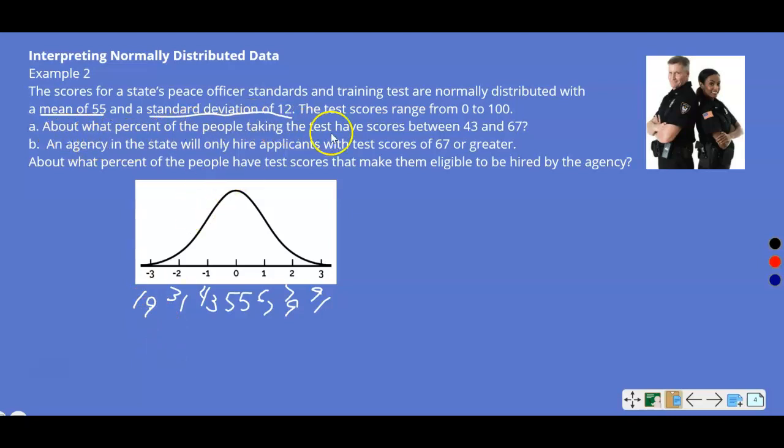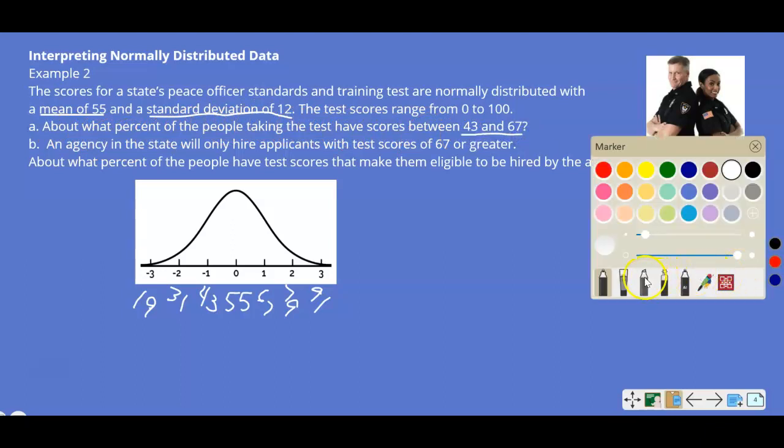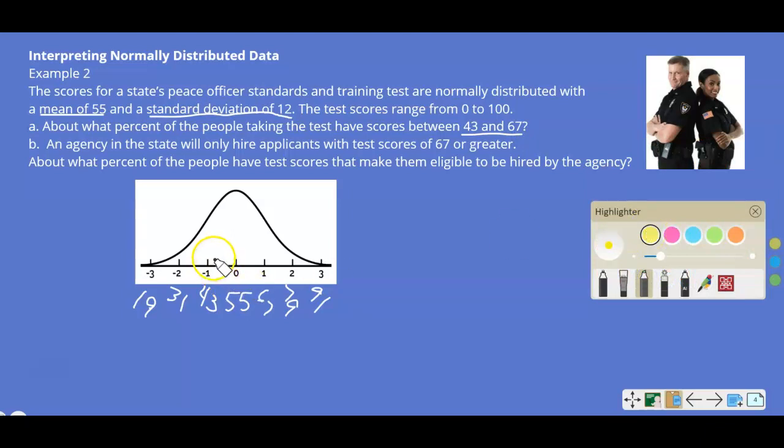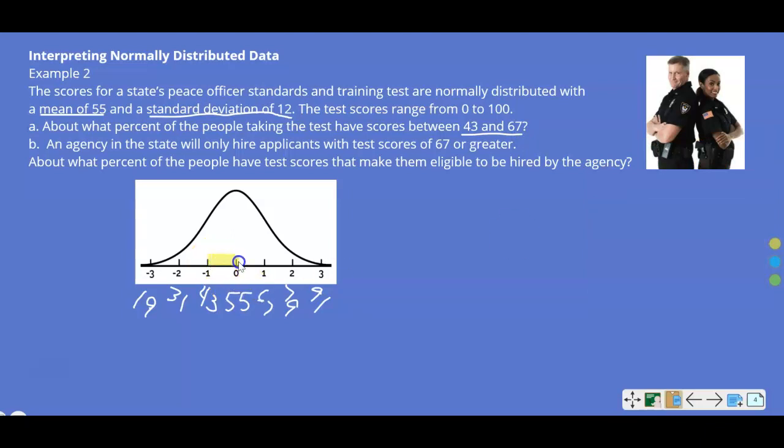So it says about what percent of people taking the test have a score between 43 and 67. So if I take my highlighter here, here's 43 up through 67. Of course it includes this whole area right here, but that's plus and minus 1 standard deviation from the mean.